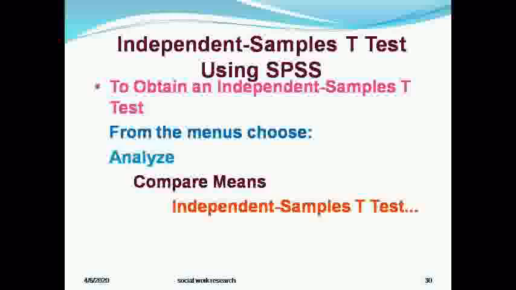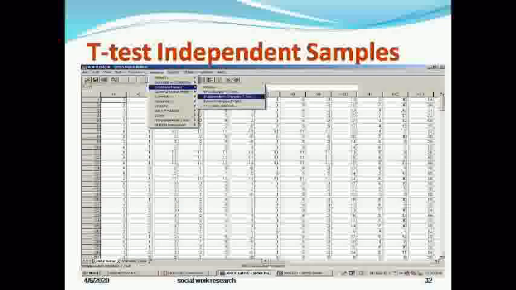Now when do we use independent samples and paired samples? Paired sample t-test is used in the experimental design. So we collect the data from the same group before the experiment and after the experiment.